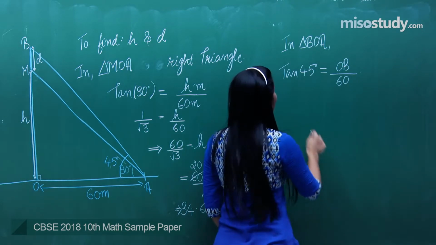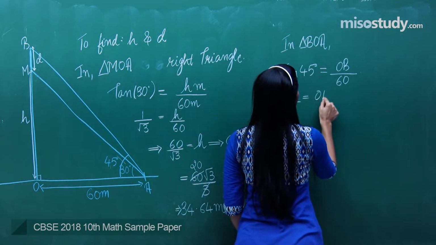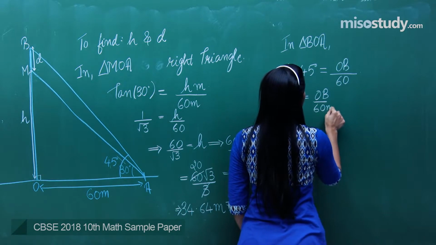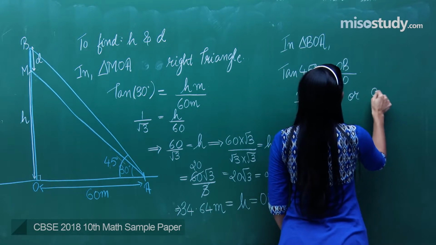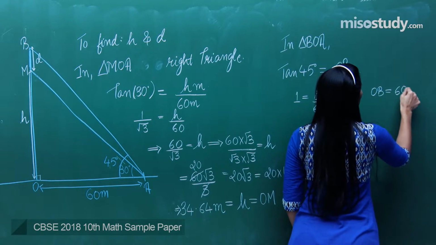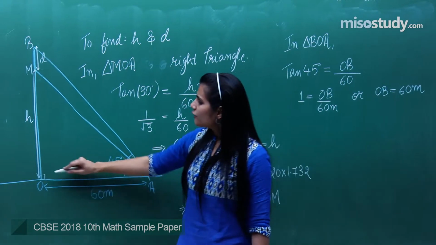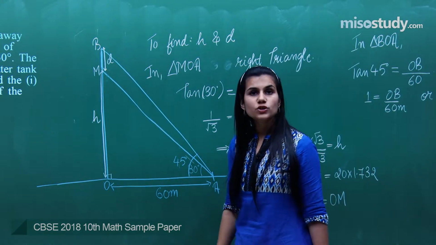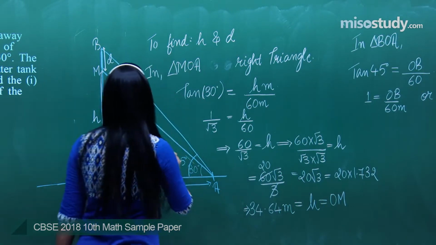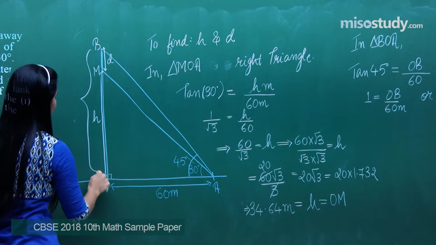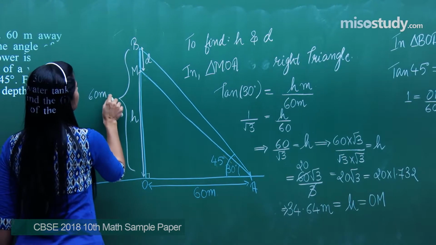Understood? Now tan 45 is 1, you get 1 is equal to OB upon 60 meters, or you have OB is equal to 60 meters. See what you have. This entire thing is equal to 60 meters.